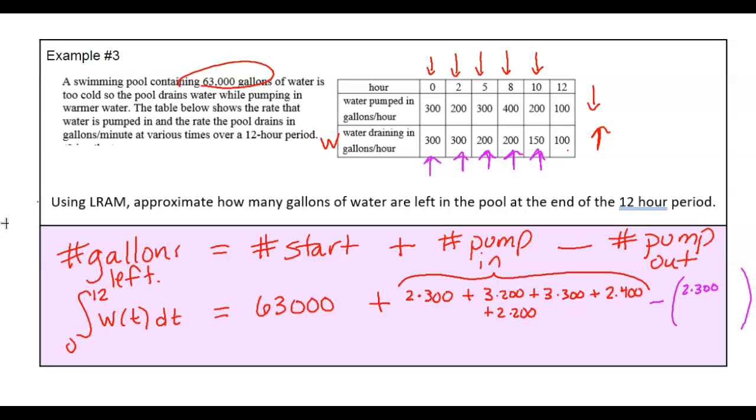They're very similar. So 2 wide, and then from 2 to 5, that's 3 wide. That's a plus. 3 times 300 plus another 3 times 200. And then 2 times 200. And then 2 times 150.